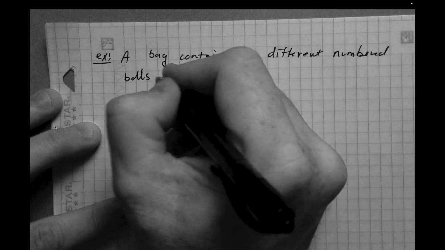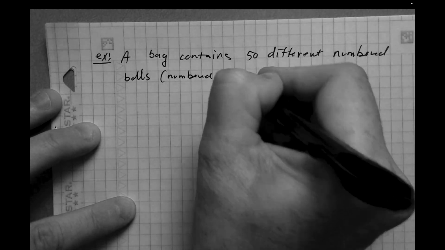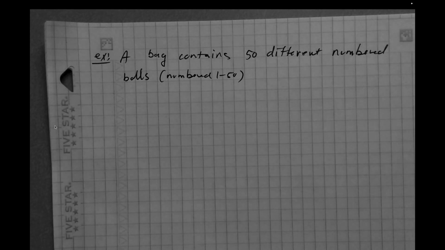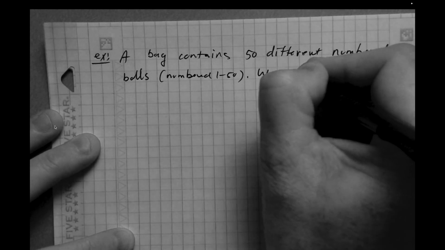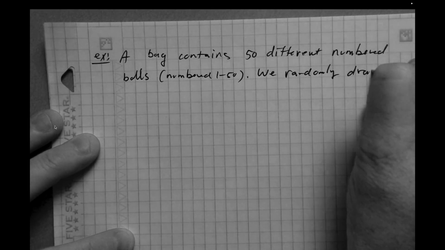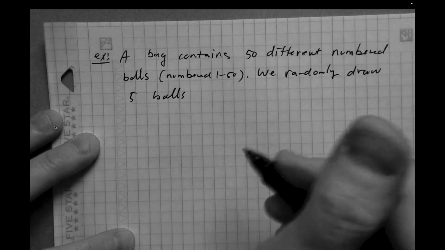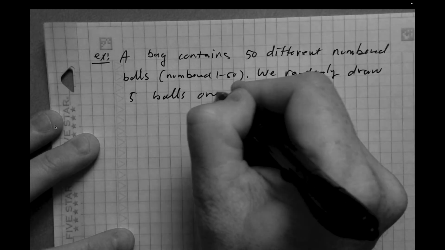And we'll just say they're numbered 1 to 50. Each ball just has a number on it. There's 50 of them, and they're distinctly numbered. Okay, we randomly draw 5 balls, one after another, with replacement.